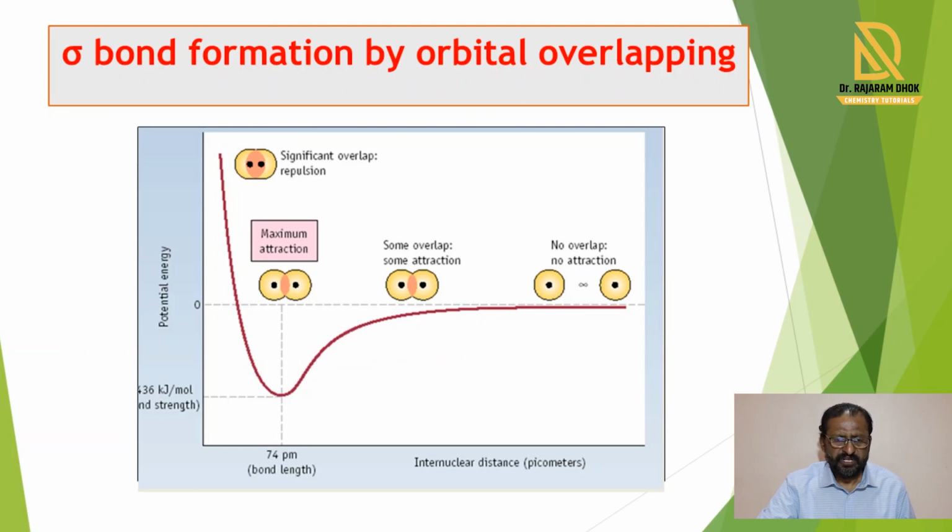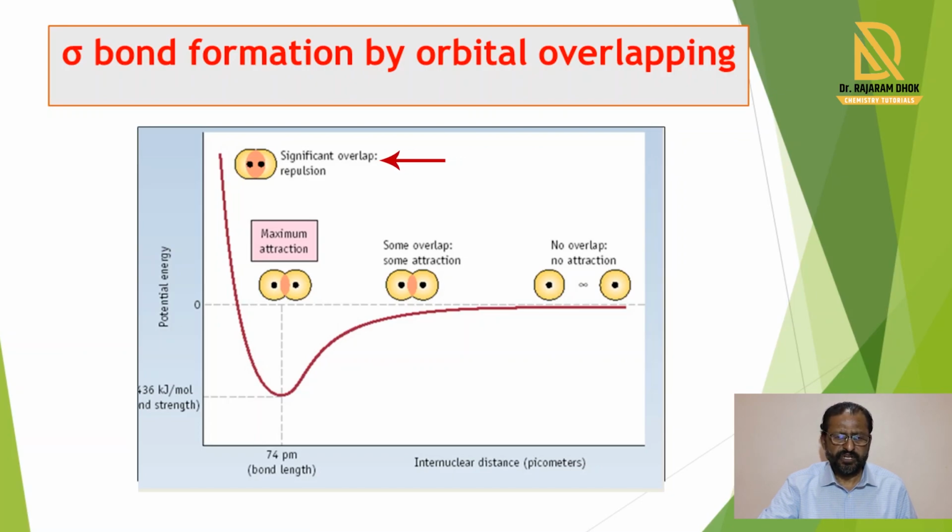Again, we see the fourth molecule shown at the upper side. In this, the two atomic orbitals which have different wave functions, when they come close to each other, there is repulsion of the atomic orbitals, and the molecular orbital formed in this case is called the antibonding molecular orbital.